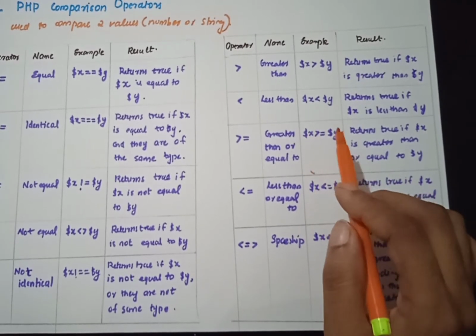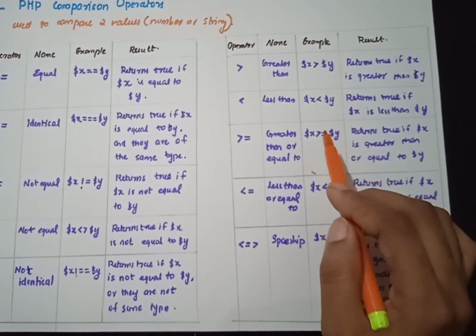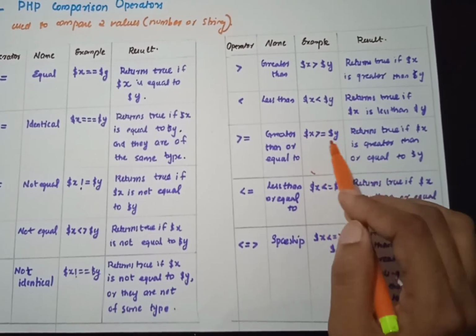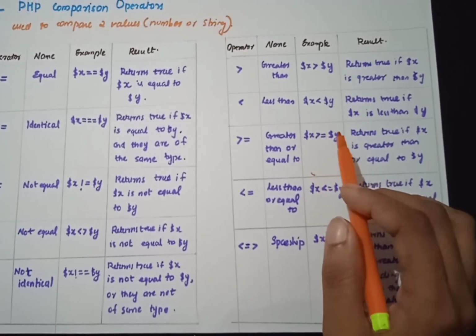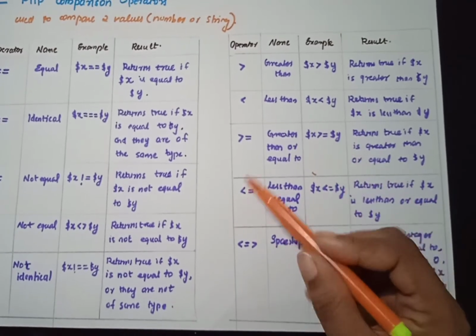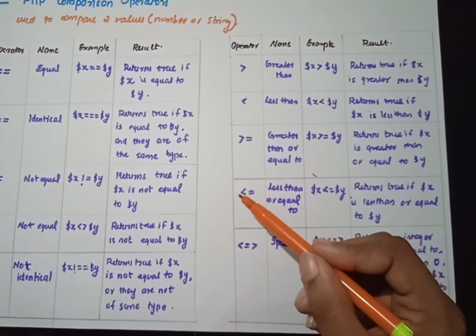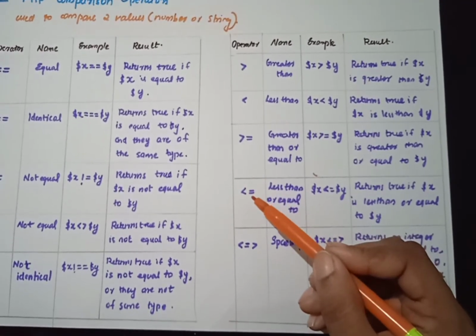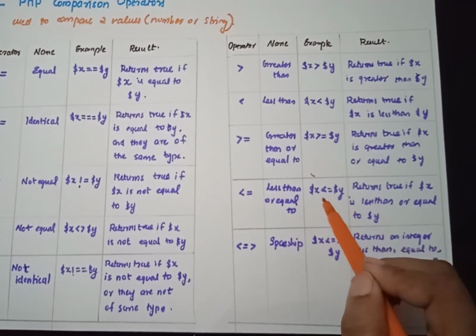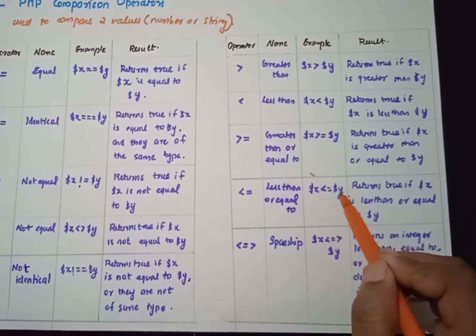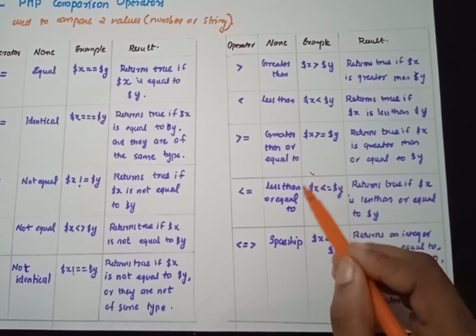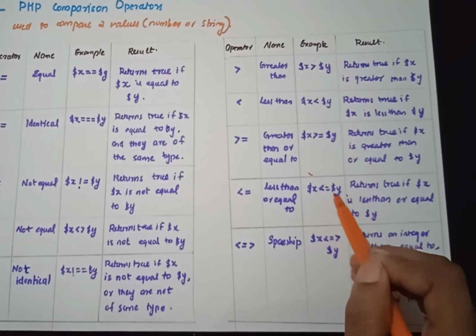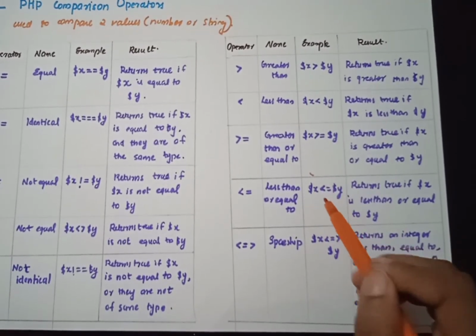If the x value is greater than y, or equal to the value of y, then this operator returns true. Okay, this is exactly opposite to that: this is less than or equal to. Here it will compare the two values x and y, and if x is less than or equal to y, it returns true when this condition becomes true.